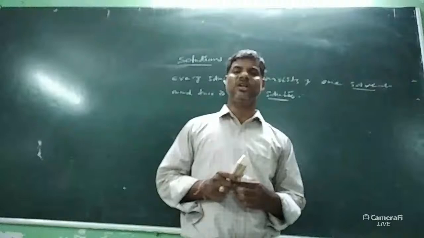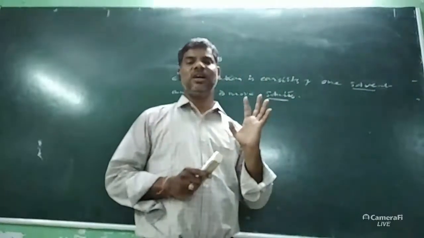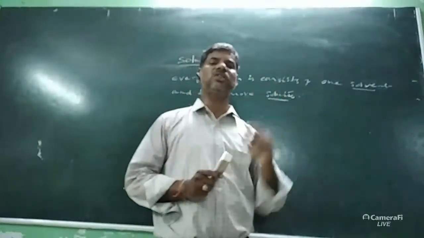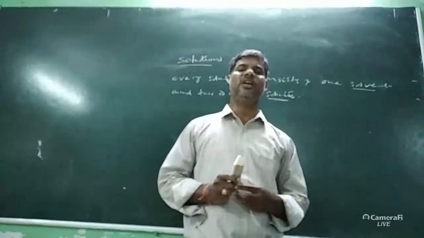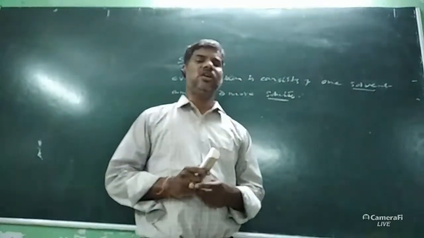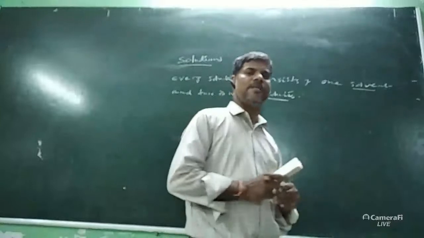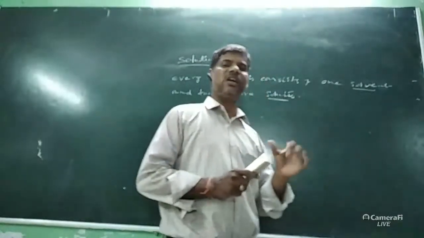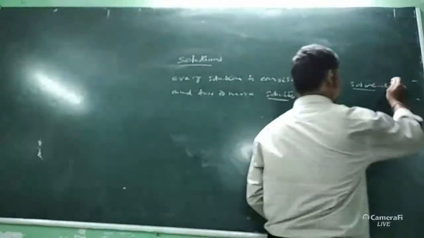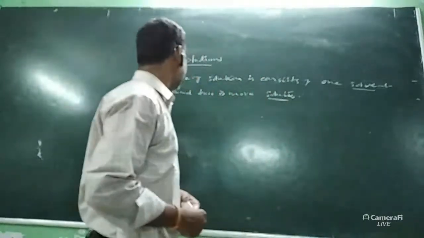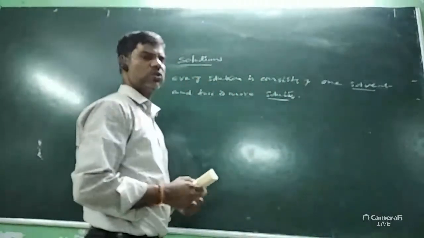And the solutions which have four components, three solutes and one solvent, are called quaternary solutions. So here we understand that every solution has only one solvent and two or more solutes.